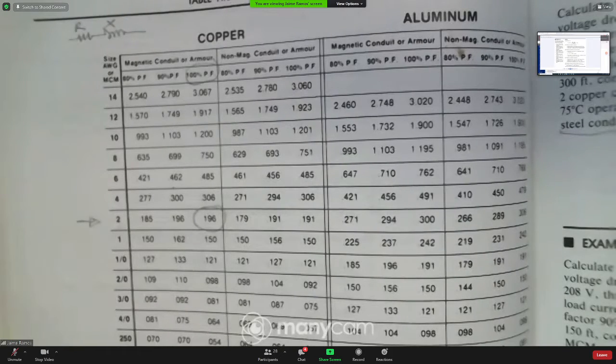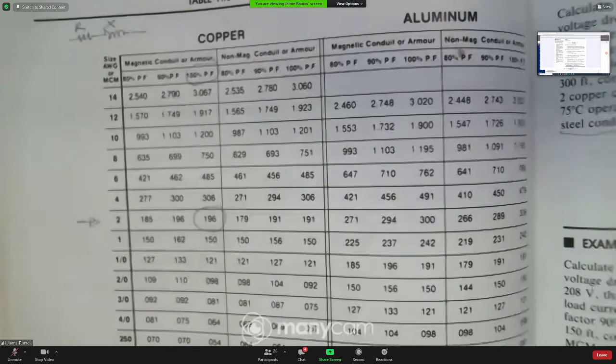So the maximum allowable is 5.54 volts. Now the ampere-feet is 134 amps times 250 feet. That's 33,500, and we are going to use 33.5.